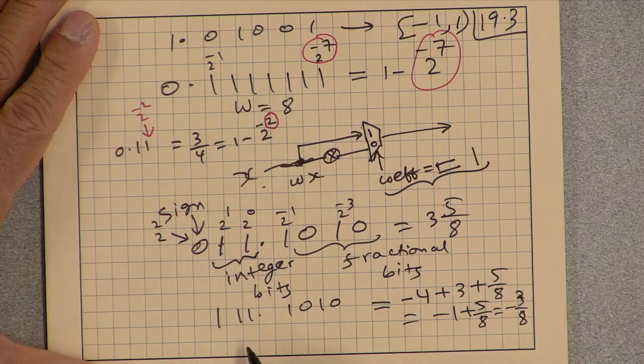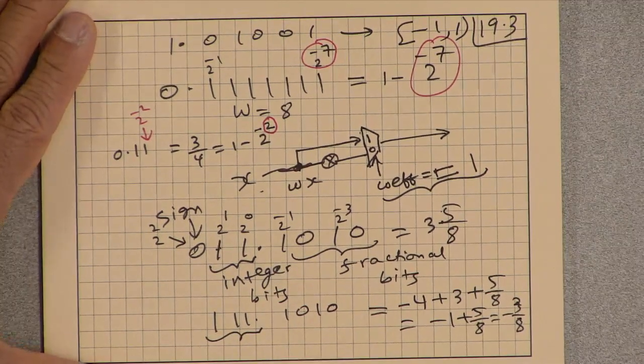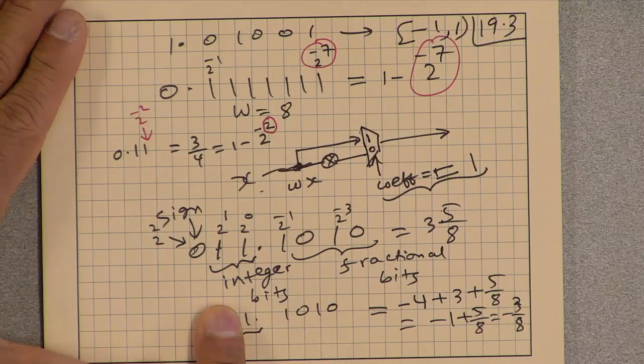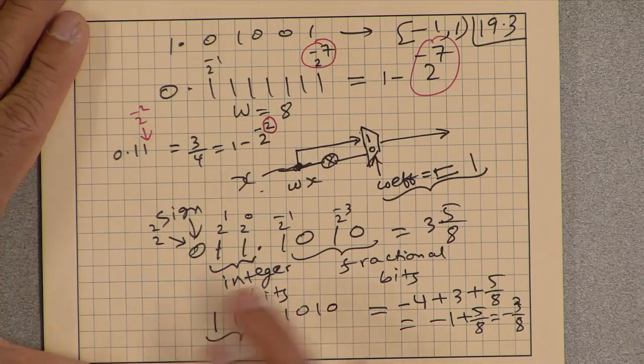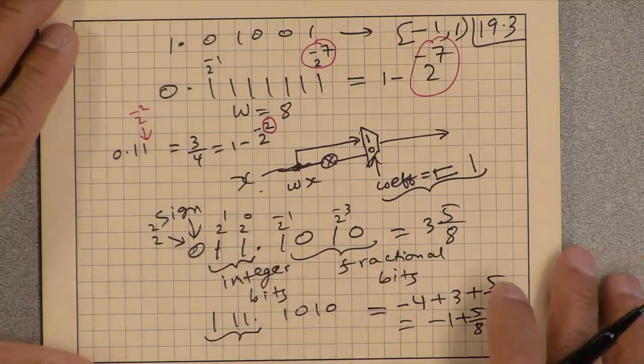And really, having a lot of 1s in the integer bit is not helping us. If the value of this is minus 1, we might as well just require one sign bit, and that's about it. If all these bits are all 1s, then we really didn't need them, but this middle bit could have been 0, or that other bit could have been 0. So that's kind of general.